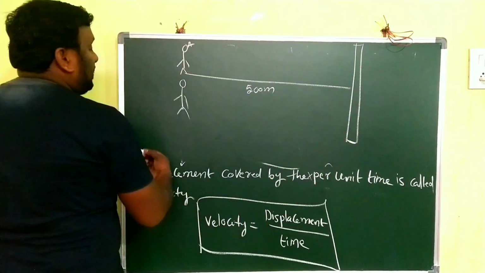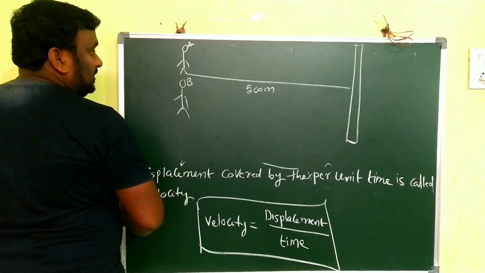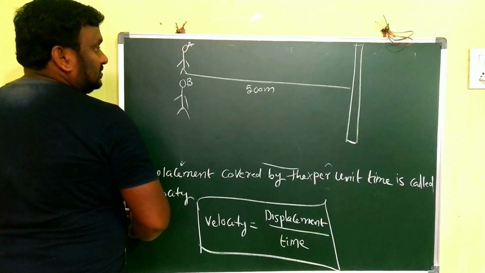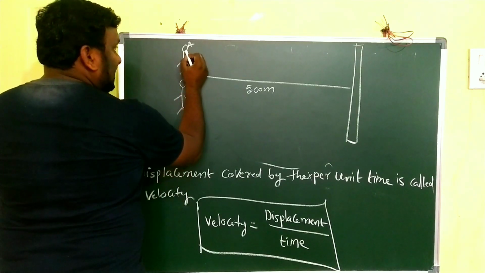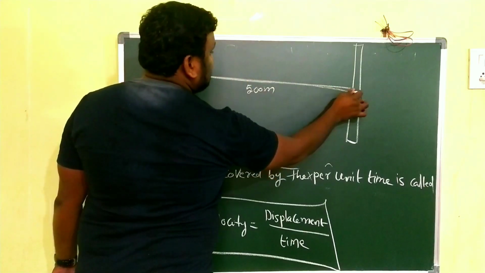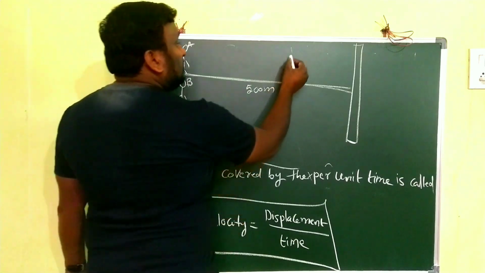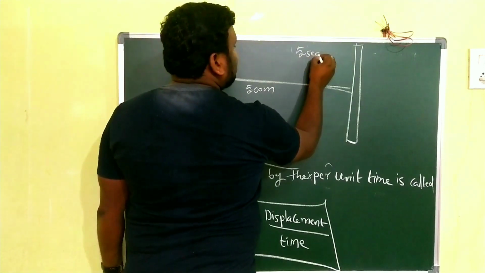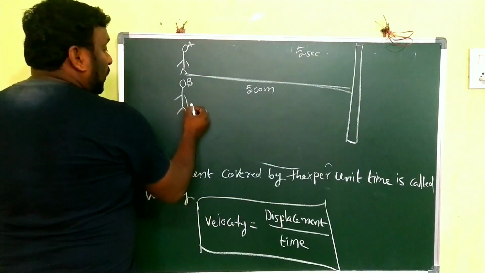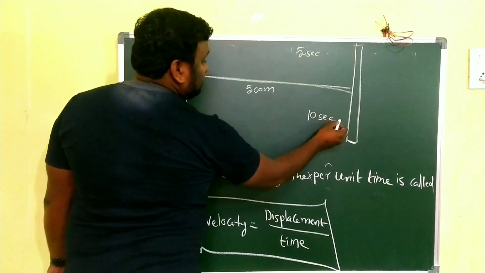Two boys are going to participate in that race, boy A and boy B. Boy A covers 500 meters distance in 5 seconds, and boy B covers the same distance in 10 seconds.